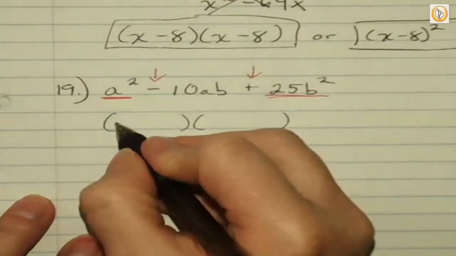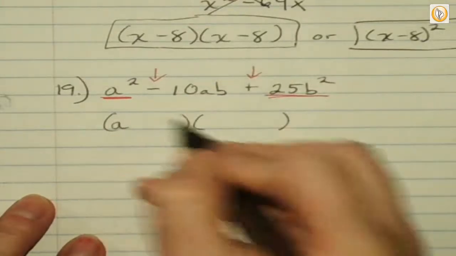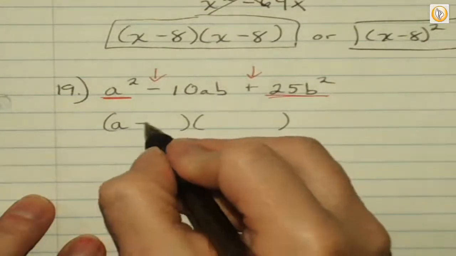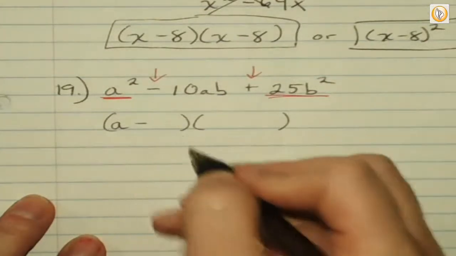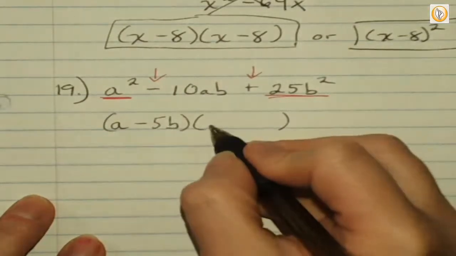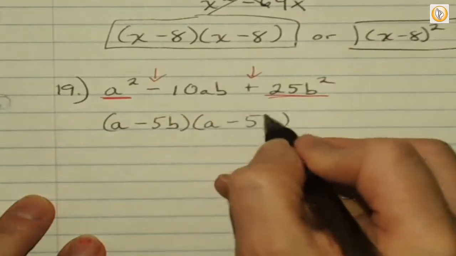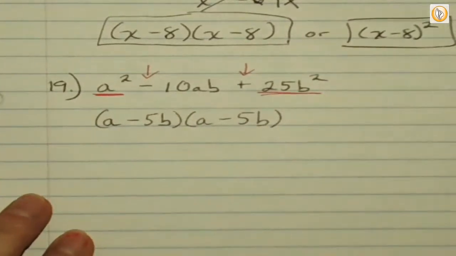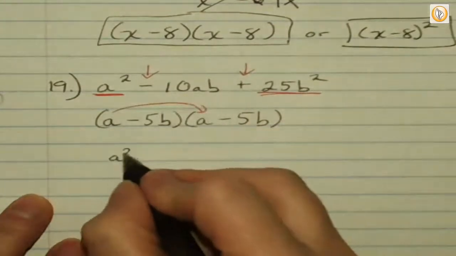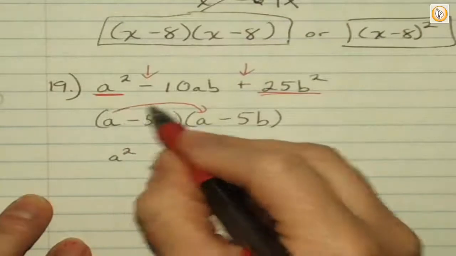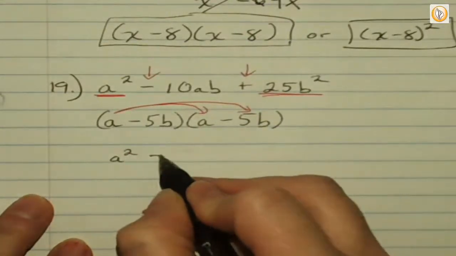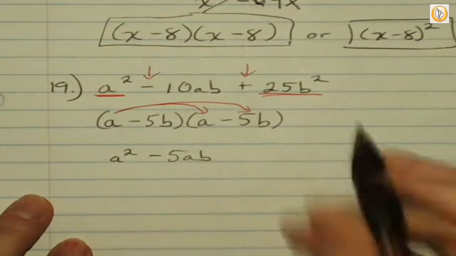It would be A minus 5b. Uh-huh. A minus 5b. All right, let's check. A times A is A squared. A times negative 5b is negative 5ab.